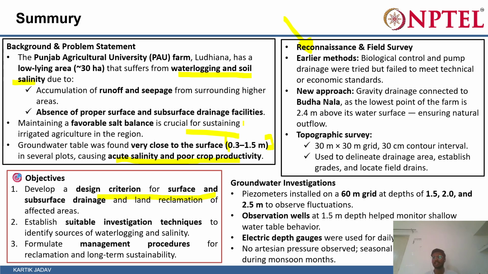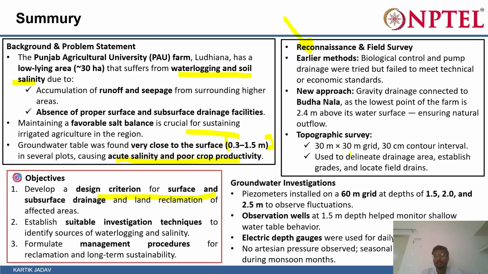But after this detailed study, they adopted a new approach: gravity drainage connected to the Ludhiana line, which is a more regional context. They connected this low-lying area with gravity flow, 2.4 meter above the water surface to ensure natural outflow.